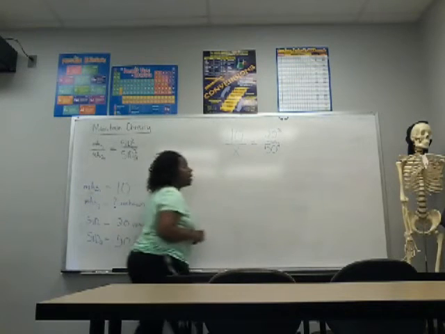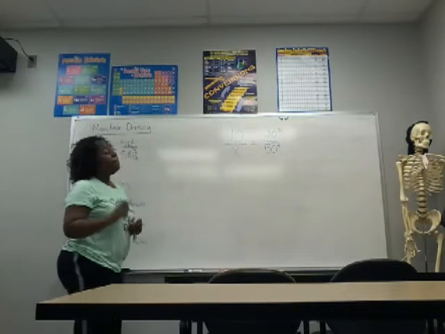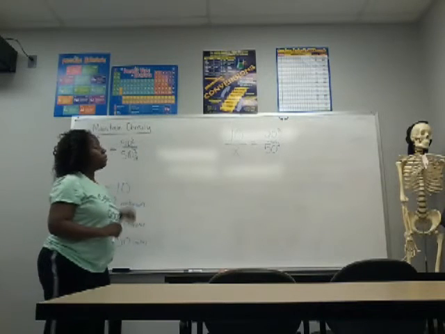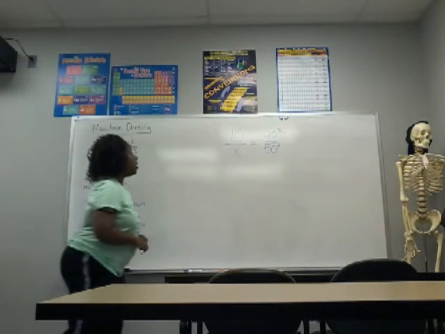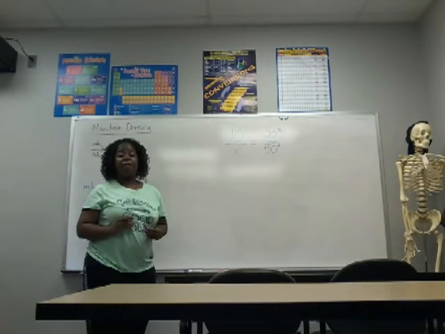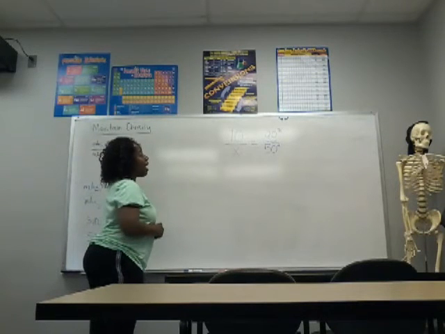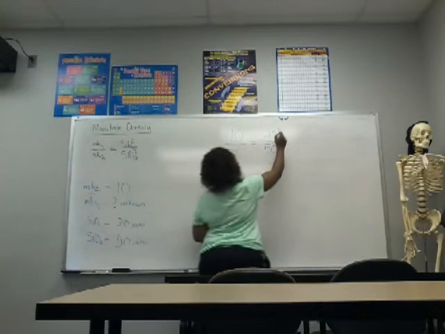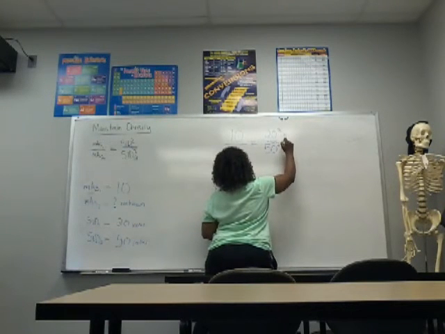So now we can go ahead and kind of work things out. But what's best for us to do is, again, reduce, similar to what we did with the inverse square law. And what I see here that they have in common, the greatest common multiple, would be 10. They are both divisible by 10.